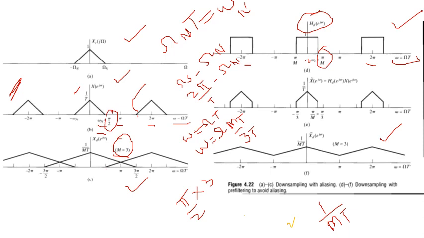The filter will cut it off and we will have this portion from minus pi by 3 to pi by 3, and then we have the copies at 2 pi and minus 2 pi. So we pass X(e raised to the power j omega) through this filter. Now we have performed the pre-filtering in order to avoid aliasing. Now if you multiply this pi by 3 with 3, this point will go to pi. So you can see here that the copies are not mixing up.